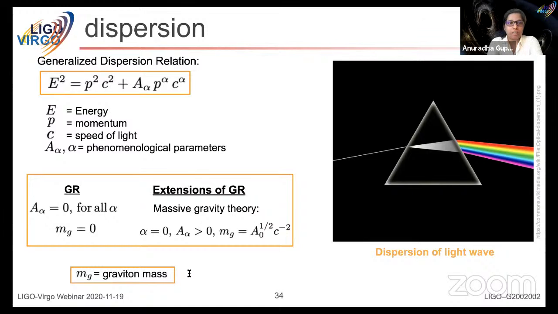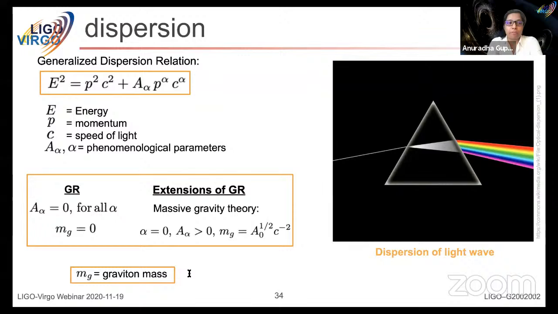To do that, we employ a generalized dispersion relation as shown on the top left corner of this slide. Here A alpha and alpha are our phenomenological parameters in different theories of gravity, which include Lorentz invariance violating theories.